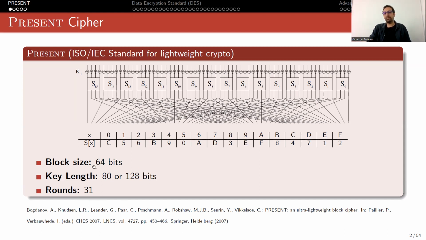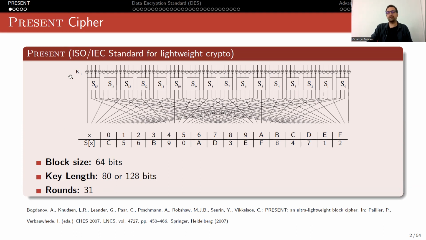So let's start. Your plain text, just assume that it is 64 bits. You write zeros and ones here, your plain text. Then you XOR it with the round key. We will talk about the round key in the next slide. Assume that we chose the secret key as 80 bits, but from this 80 bits, we generate 32 round keys, which we use at these points.